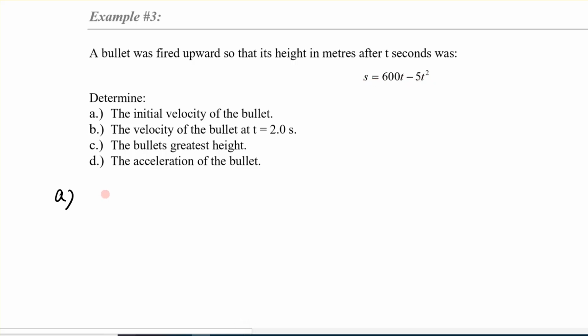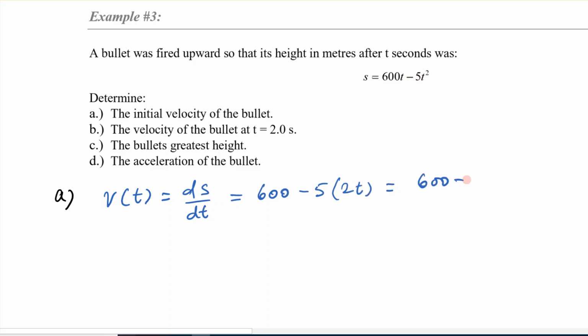So we start by finding the velocity of the bullet, which is the first derivative of the distance function. So in this case, if you take the derivative of 600t, it will be 600 minus 5 times the derivative of t squared, which is 2t. And we get 600 minus 10t. But our goal is to find the initial velocity. It means when the time is 0.